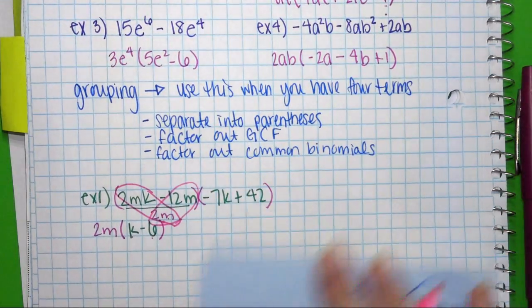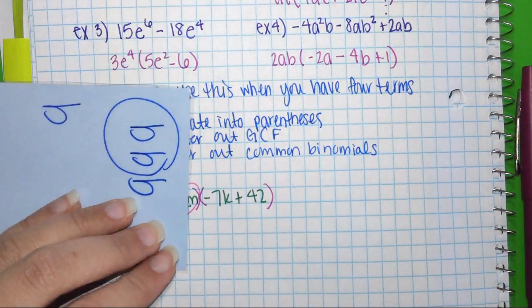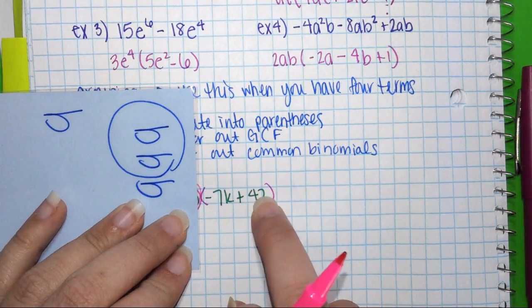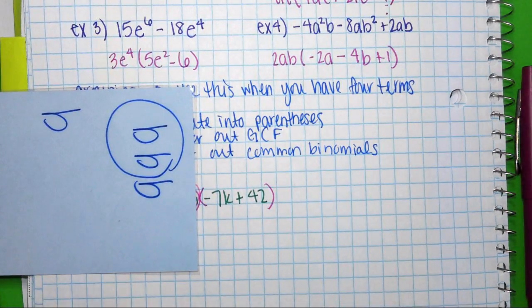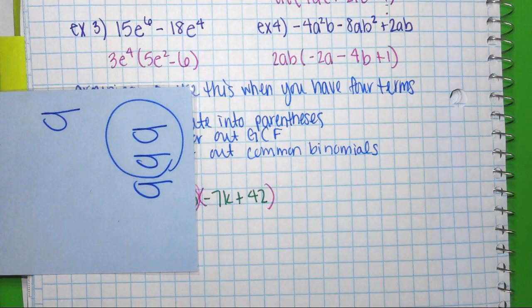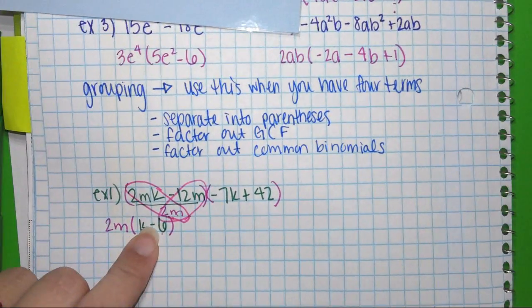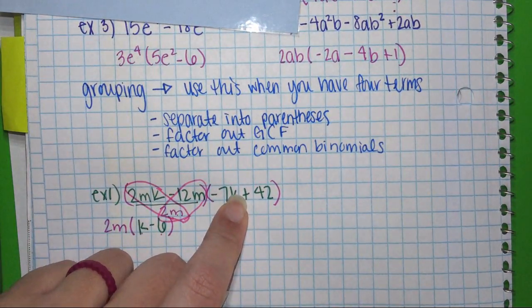Okay, awesome. Now, let's cover this side up. What do negative 7k and 42 have in common? 7, right? But since we have a negative on the inside, what are we going to have to factor out?